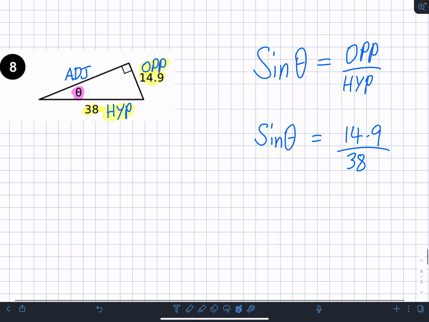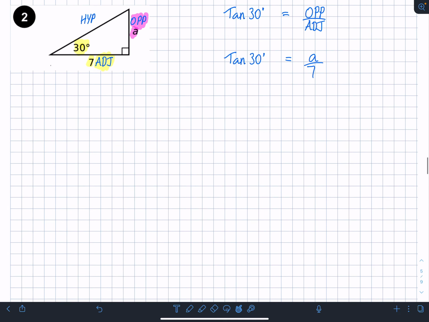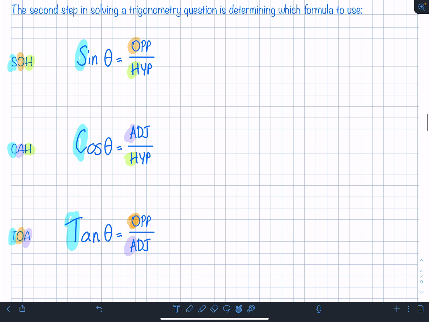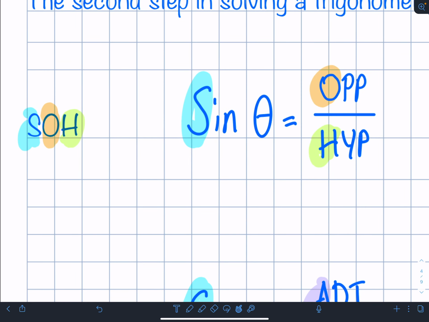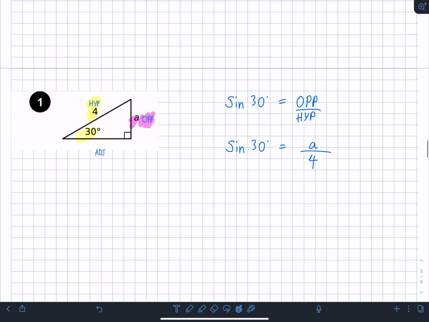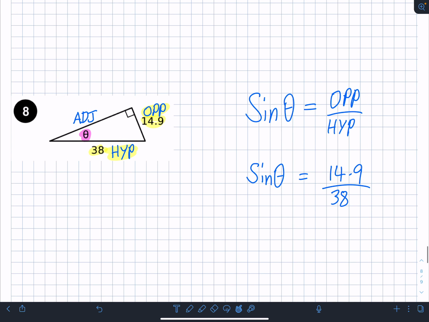With opposite and hypotenuse, again, we go back up to our sine, cos, tan. Opposite and hypotenuse, we can see that that will be sine. So we've got sine theta equals opposite over hypotenuse. So let's go through the steps for that one.